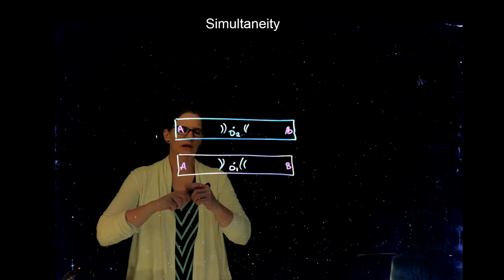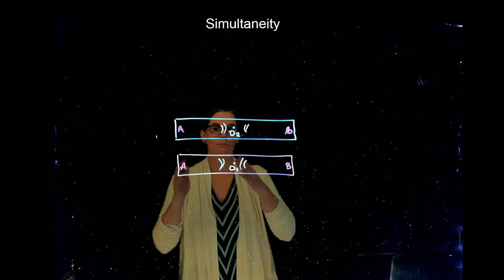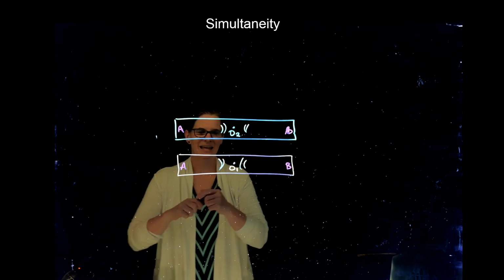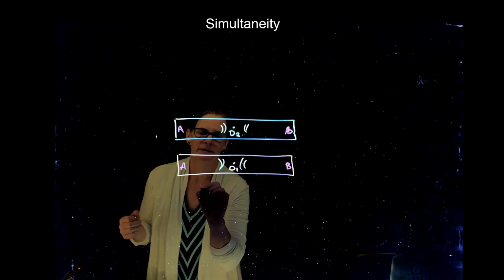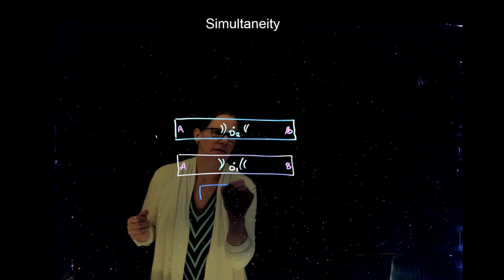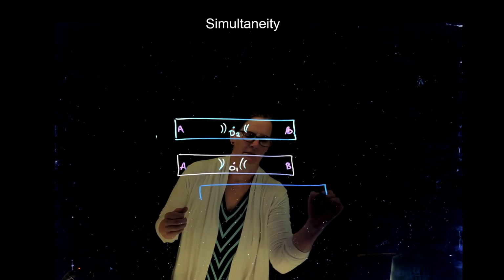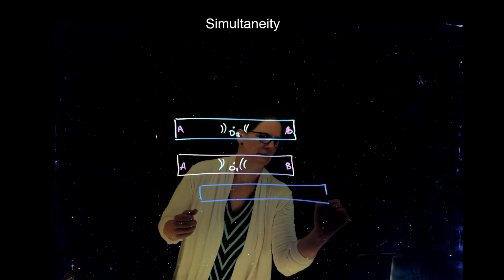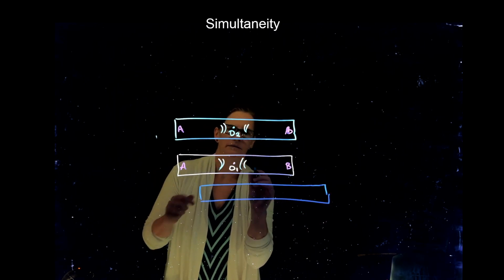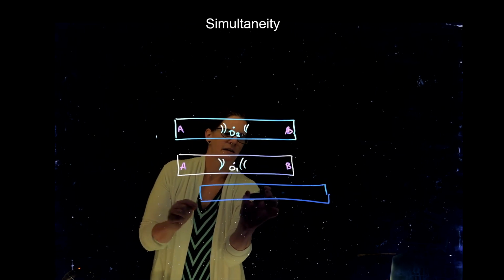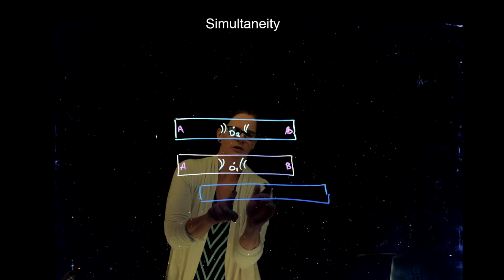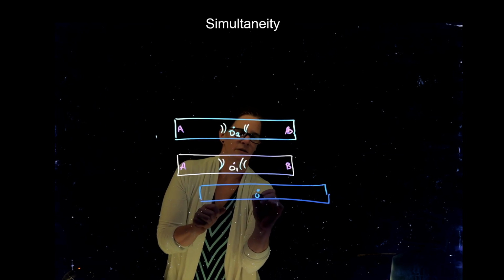Okay? But observer 2 is now moving. So as that light traveled, here observer 2 is now.